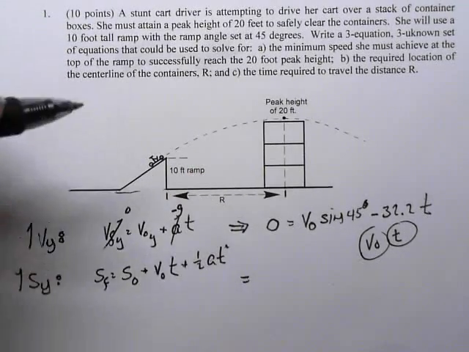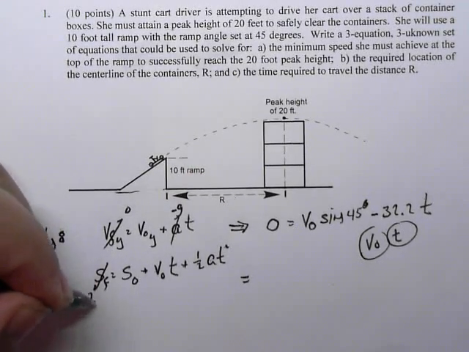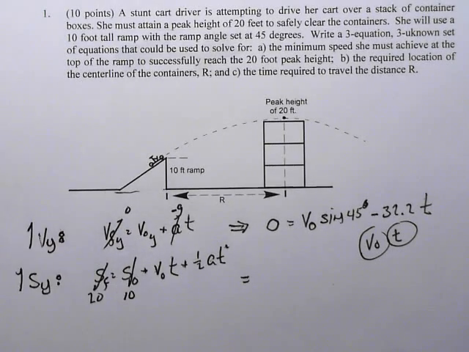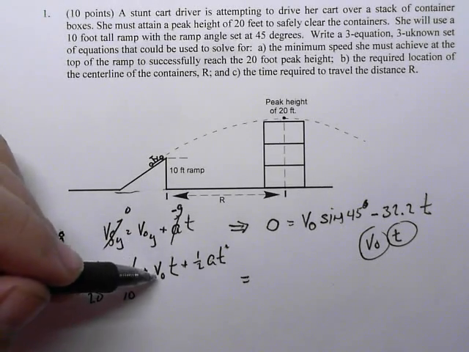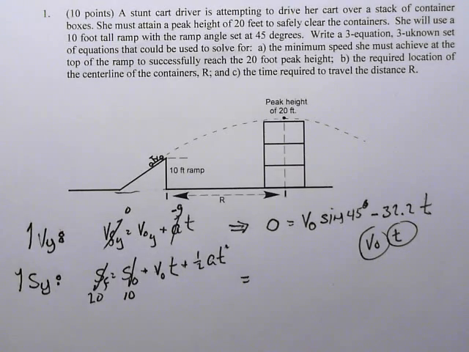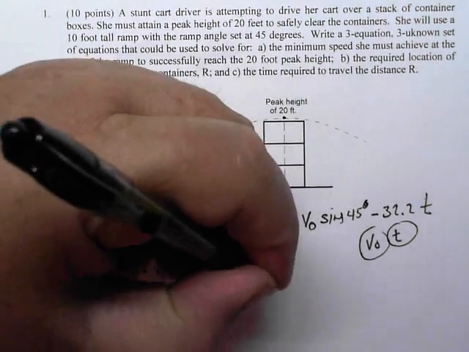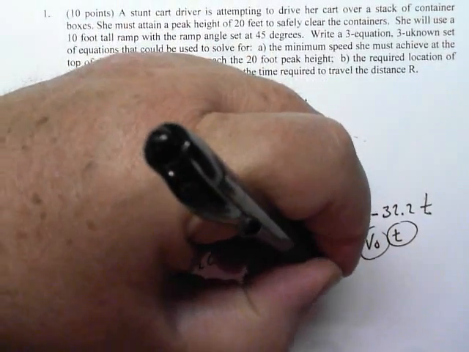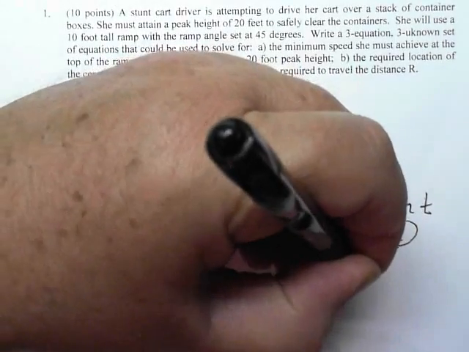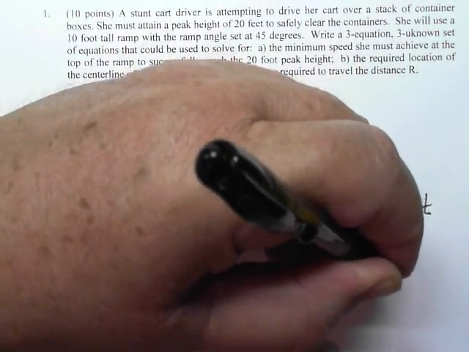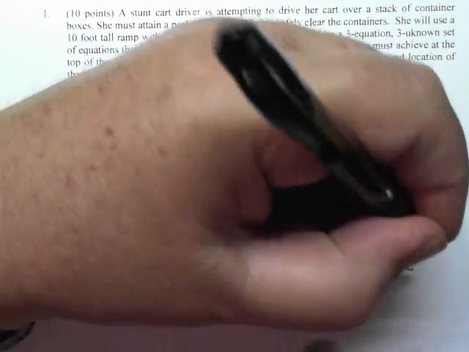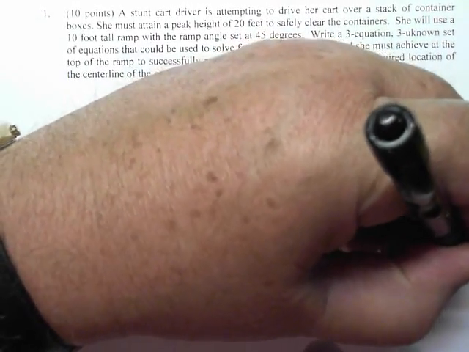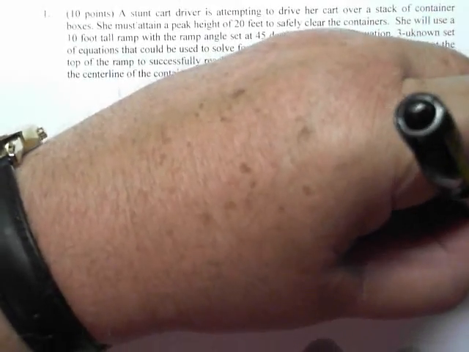And we know that our S final is 20, our S0 in the y direction is 10, and our V0 we'll have to write, and we know that the acceleration of gravity will apply. So we're going to say that 20 is equal to 10 plus V0 sine 45 degrees times time minus 1/2 times 32.2 t squared.